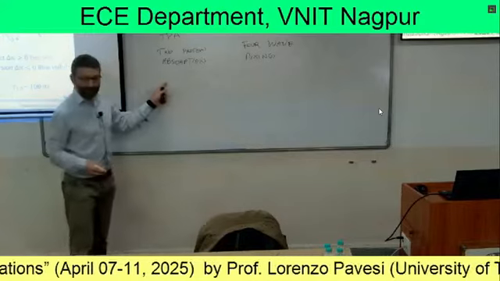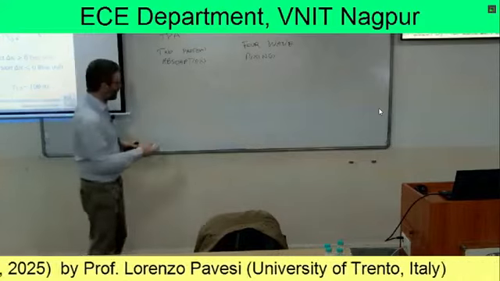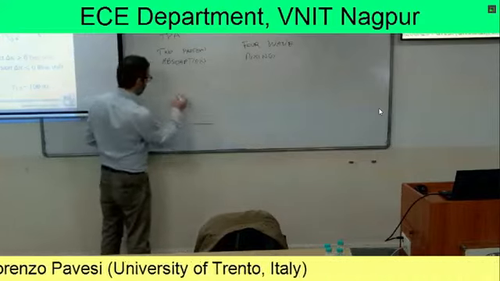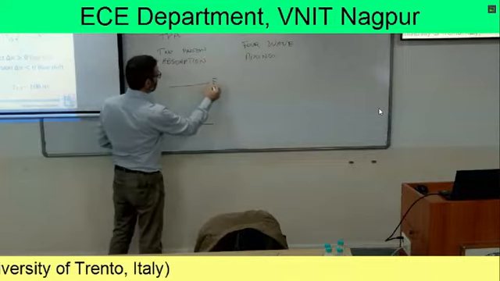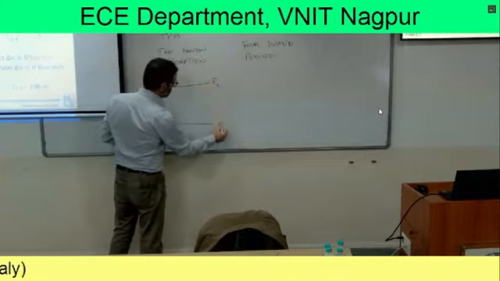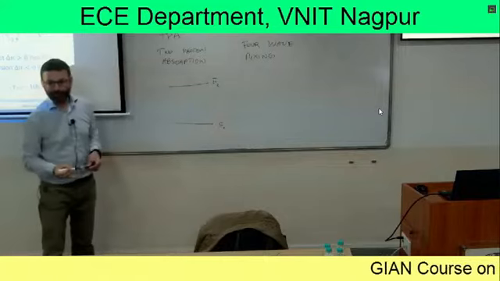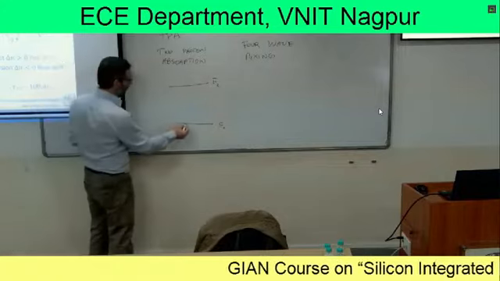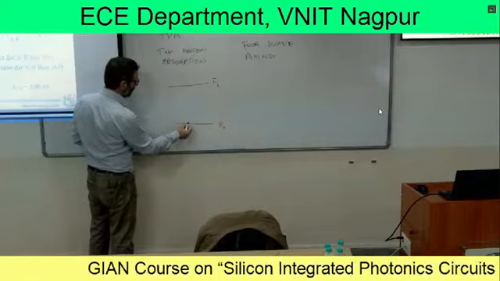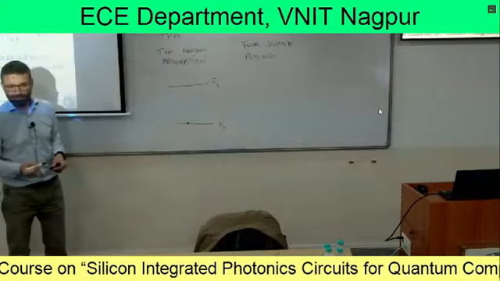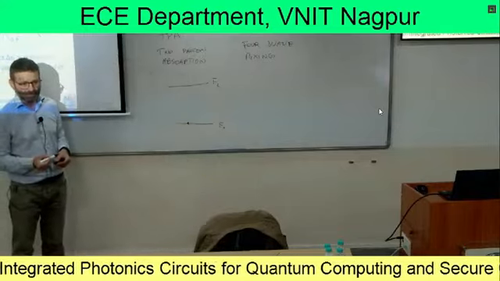So, two-photon absorption is a process by which you have two energy levels, E1 and E2, and you want to move one electron from level E1 to level E2.